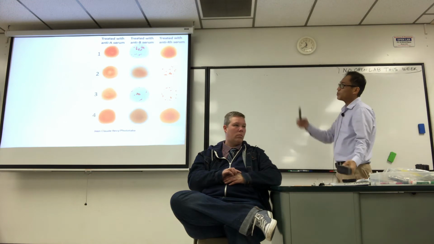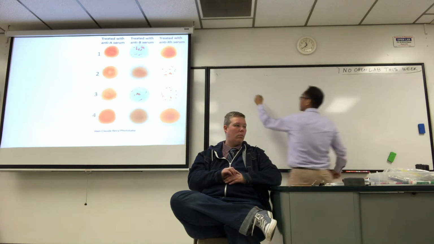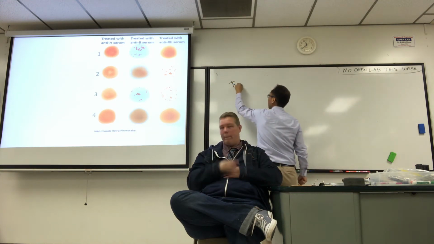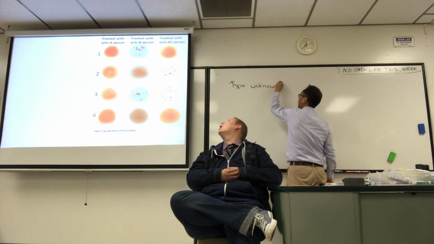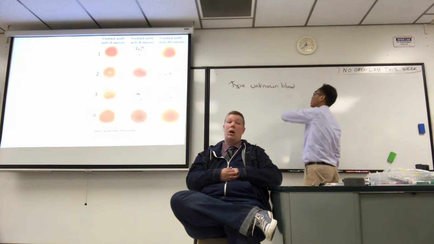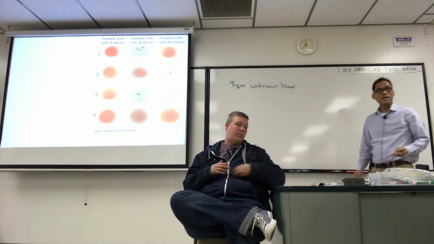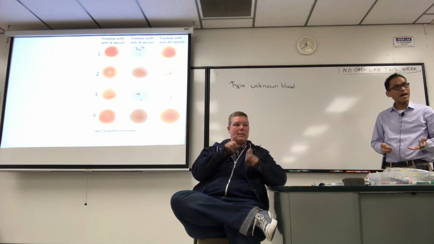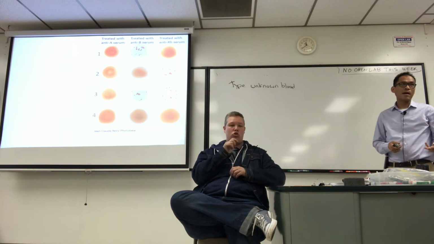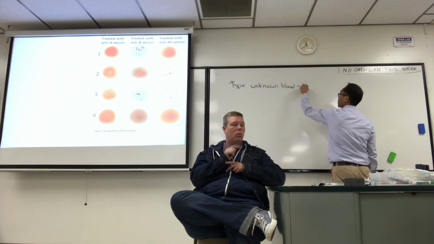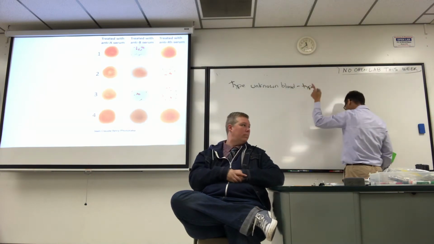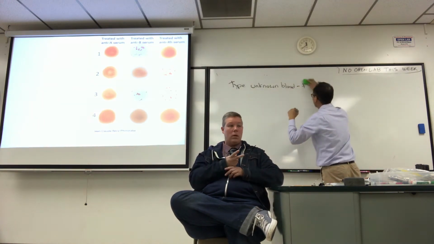For example, let's do number 1 together. Type unknown. What you're doing is you're testing for the presence or absence of the antigens, the A, the B, the Rh, because then you can type it, right? This is a test.